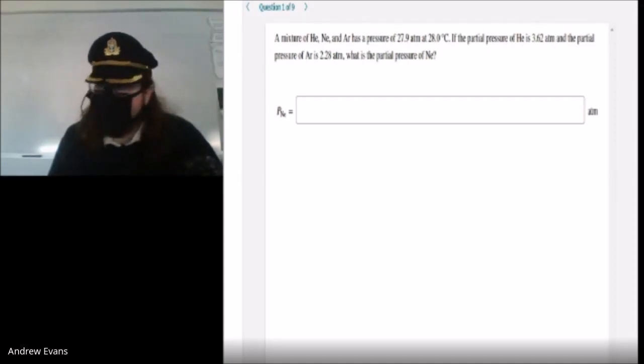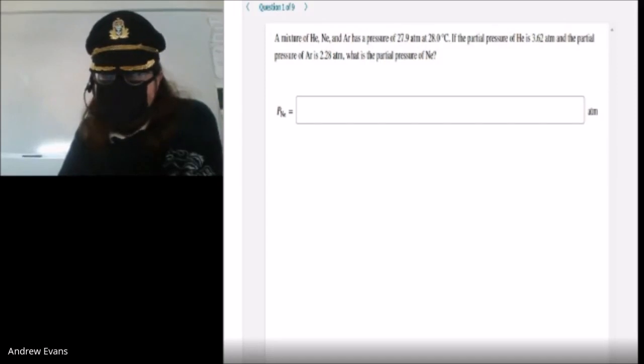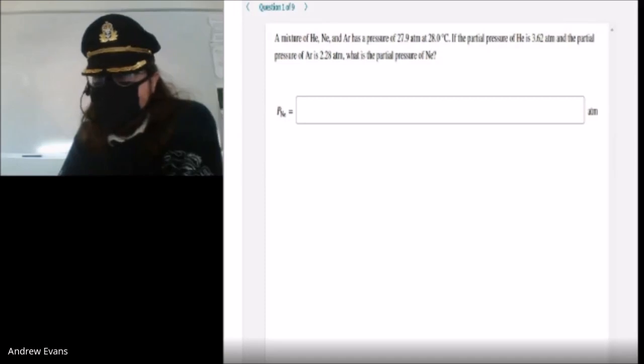So I'll do at least 2 problems here. Well, maybe 3. A mixture of helium, neon, and argon are present at a pressure of 27.9 atmospheres at 28 degrees. So right off the bat, we have a mixture. The total pressure is 27.9. If the partial pressure of helium is 3.62 and the partial pressure of argon is 2.28, what is neon?